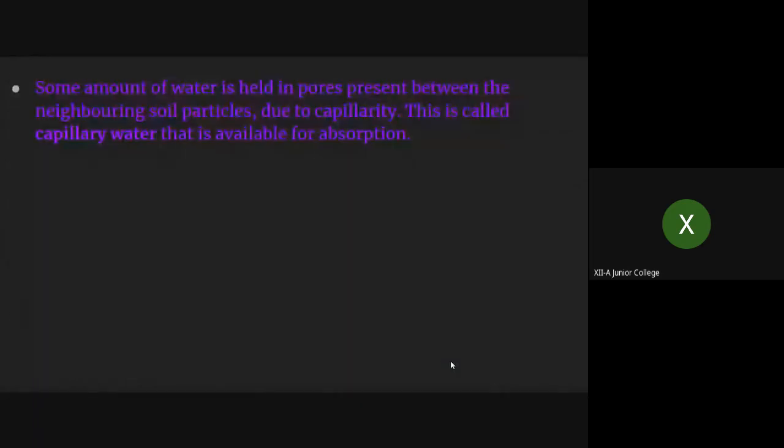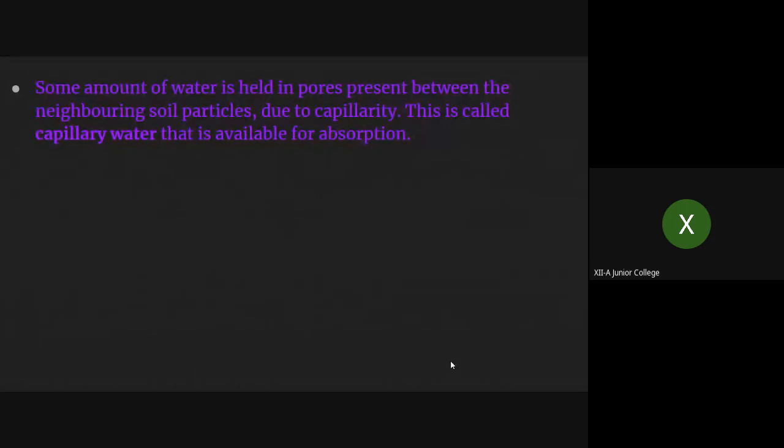That amount of water is held in pores present between the neighboring soil particles due to capillarity. There are a number of soil particles present, right?